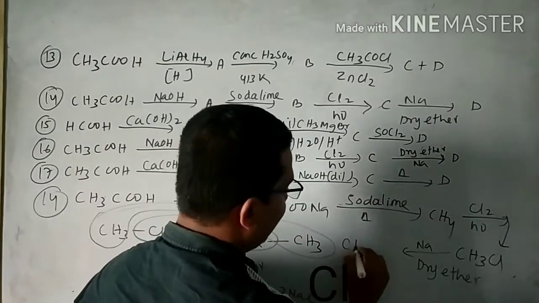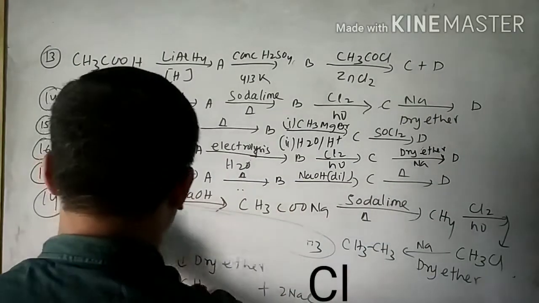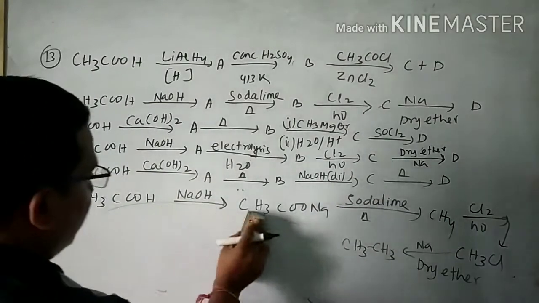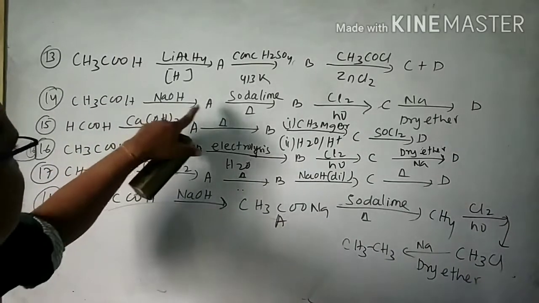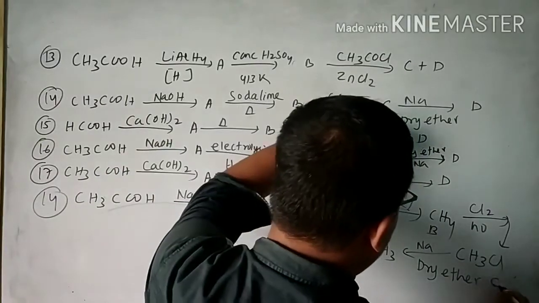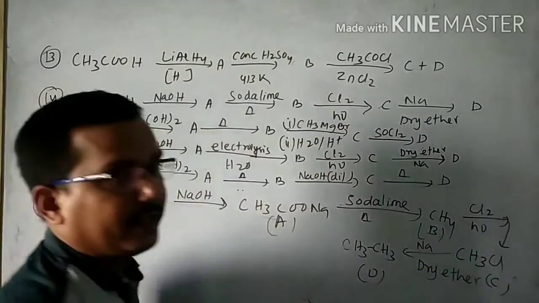So here we can write CH3-CH3. This is your A, then this is your B, this is said to be C, and this is said to be D.